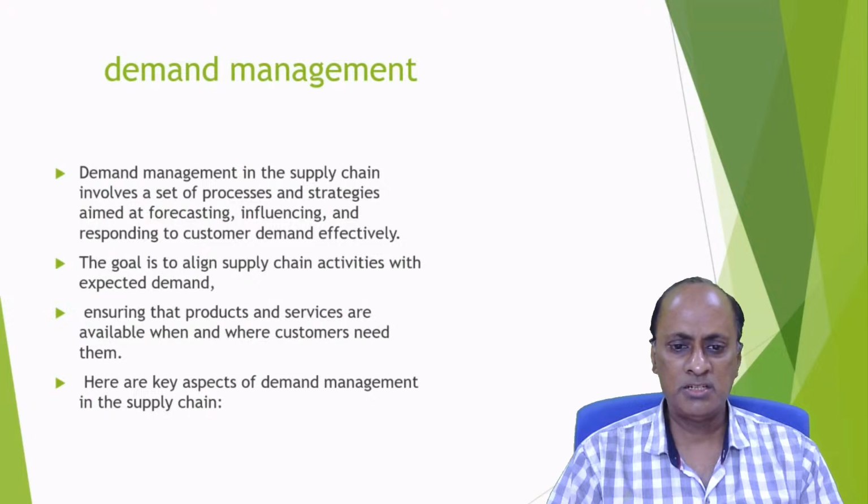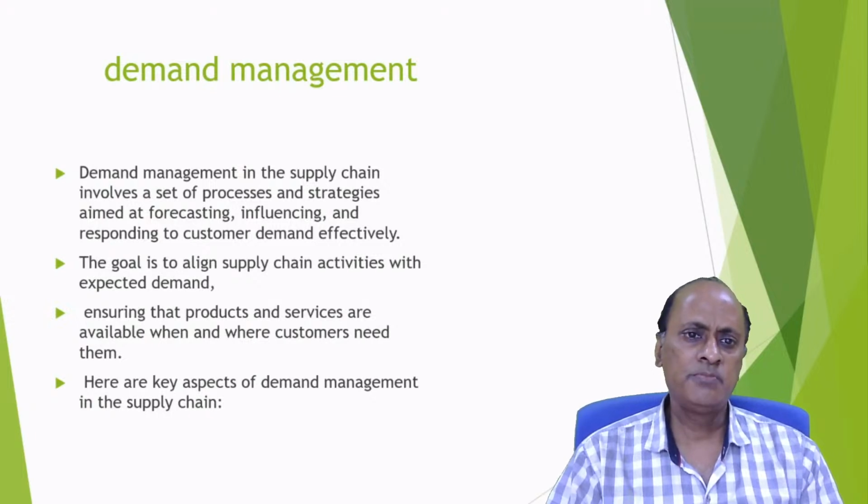And there are some key aspects of demand management in supply chain. When you're talking about demand management, it involves a set of processes and strategies aimed at forecasting the demand, and influencing and responding to consumer demand effectively. Whatever the demand the consumer has, we can influence it through demand management, or we can also respond to the consumer.